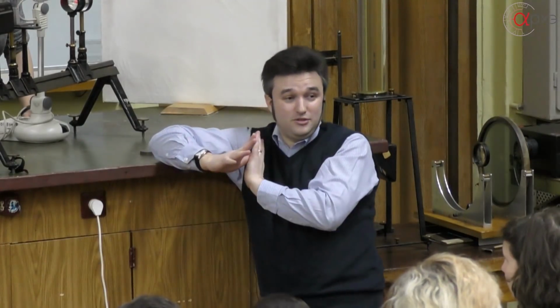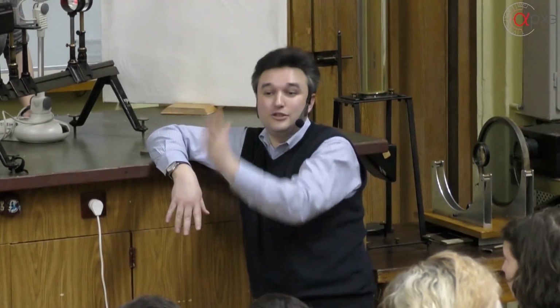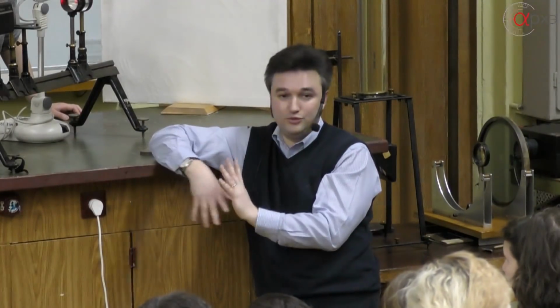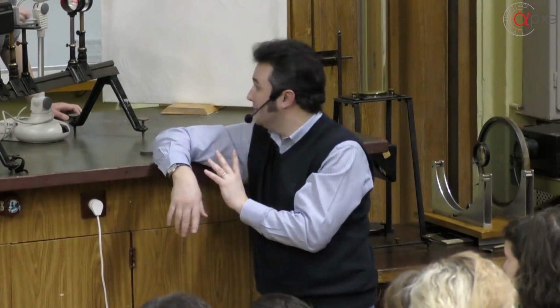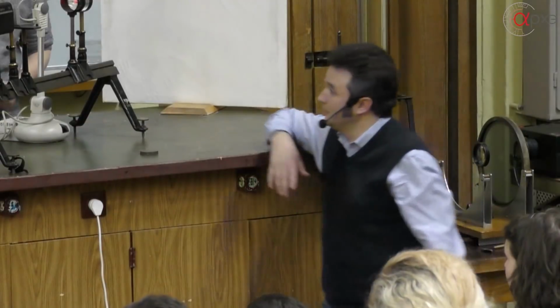The question is, is this boundary really sharp? Is it a geometrical boundary like a straight line or a curved line depending on the shape of the object that is in the light's way? Well, the answer is no.